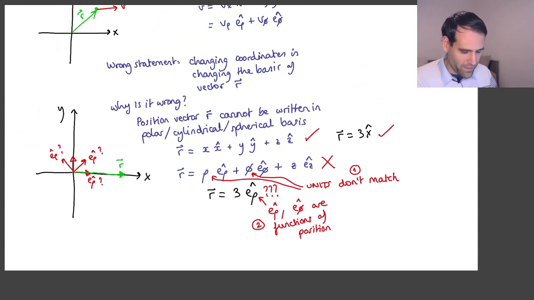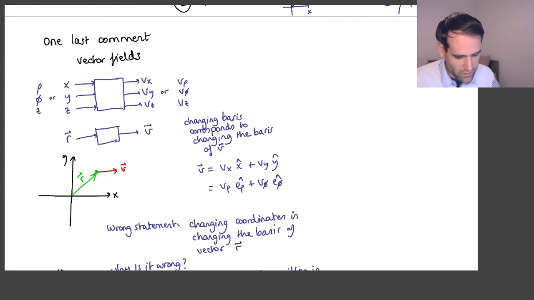So please don't be confused by this. I think it's relatively simple. Changing the coordinates just means that instead of specifying x, y, z, you specify rho, phi, z. That means changing the coordinates. It's not about changing the unit vectors, changing the basis of the position vector r.